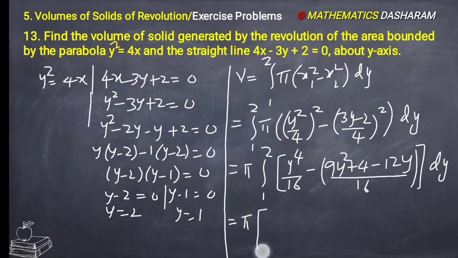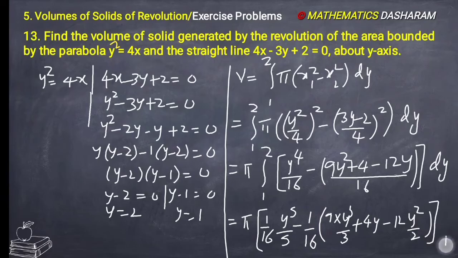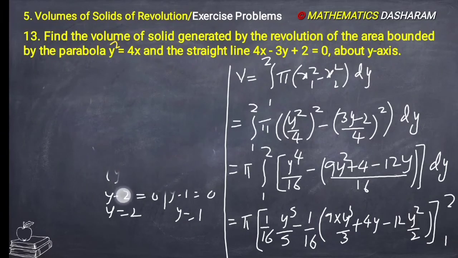Pi here 1 by 16 y to the power of 4 integration y to the power of 5 by 5 minus 1 by 16. So next here 9 into y cube by 3 plus 4y minus 12y square by 2. Here 1 to 2. So here we can take the 16 common, 1 by 16 common.